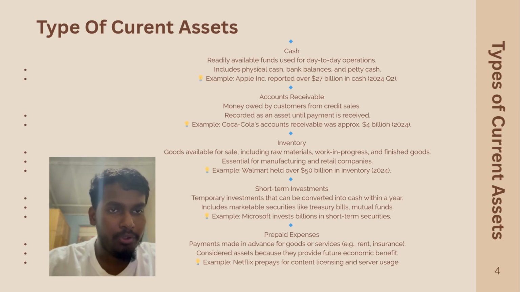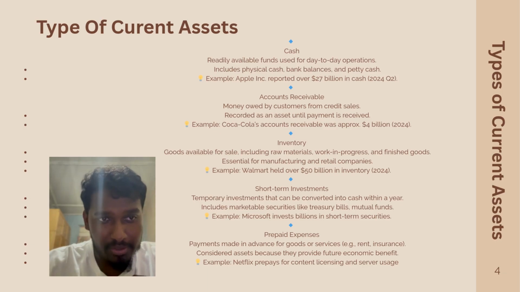And furthermore, we have short-term investments. These are temporary investments that can easily be converted to cash within a year. For example, Microsoft puts billions into marketable securities like treasury bills. And finally, we have prepaid expenses.